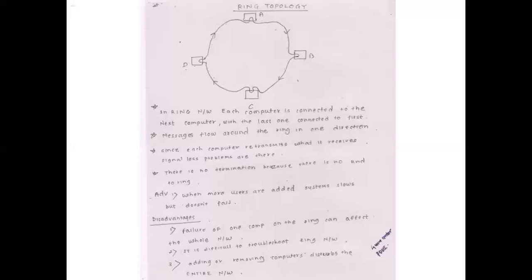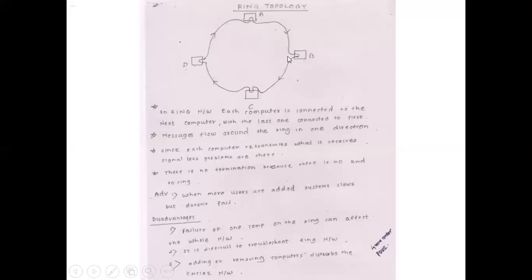There are two solutions to solve the wire break problem, as well as the problem whenever you remove a PC from this ring network. If the wire breaks, instead of one wire you use another wire. Such a network is known as Fiber Distributed Data Interface. That is one of the solutions.